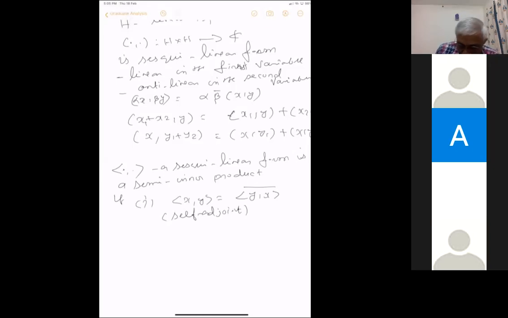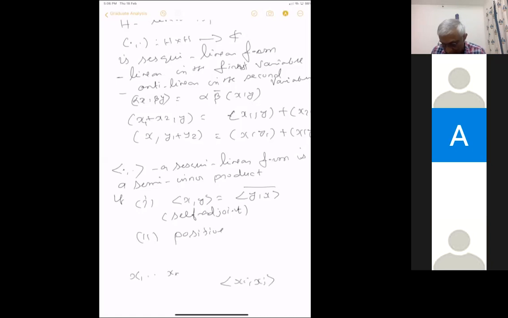In fact, you can form a matrix using the inner product. If you take x1 up to xn, then you can form the matrix (xi, xj). That matrix will be self-adjoint. That's what this says. The second condition is, in fact, positivity. You can check this: take elements x1 up to xn, then take the matrix (xi, xj) by taking inner products.